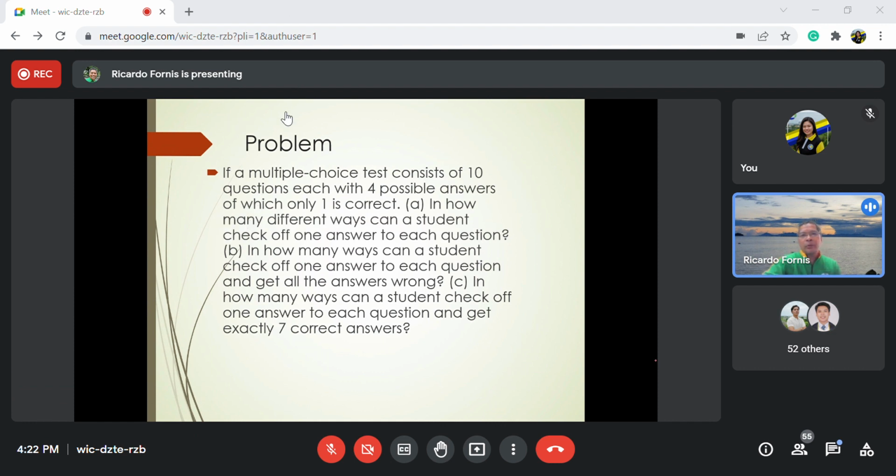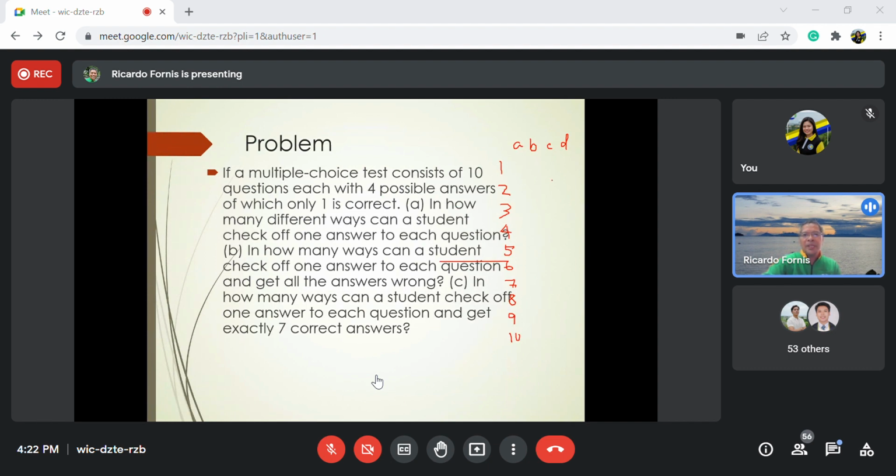Now, what is meant by question number letter A is this, no? So here are the questions, 10 questions all in all: 1, 2, 3, 4, 5, 6, 7, 8, 9, and 10. And there are 4 choices, A, B, C, D. So, the question says, in how many different ways can a student check off one answer to each question?